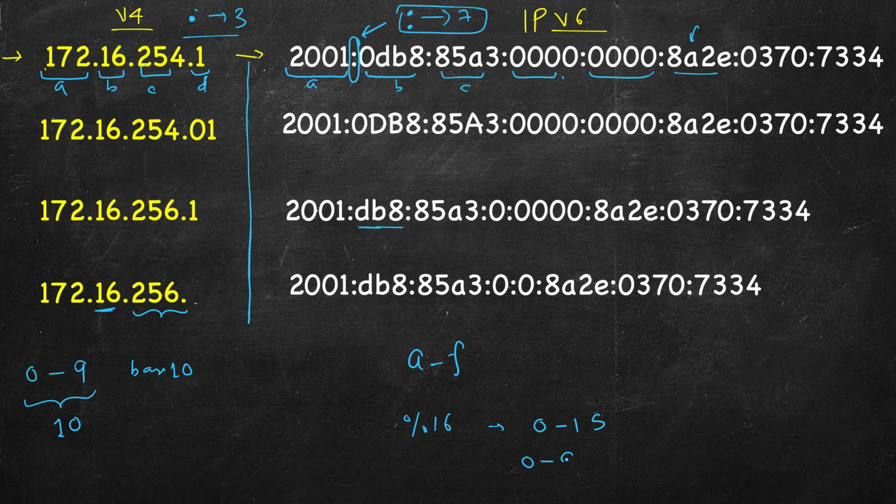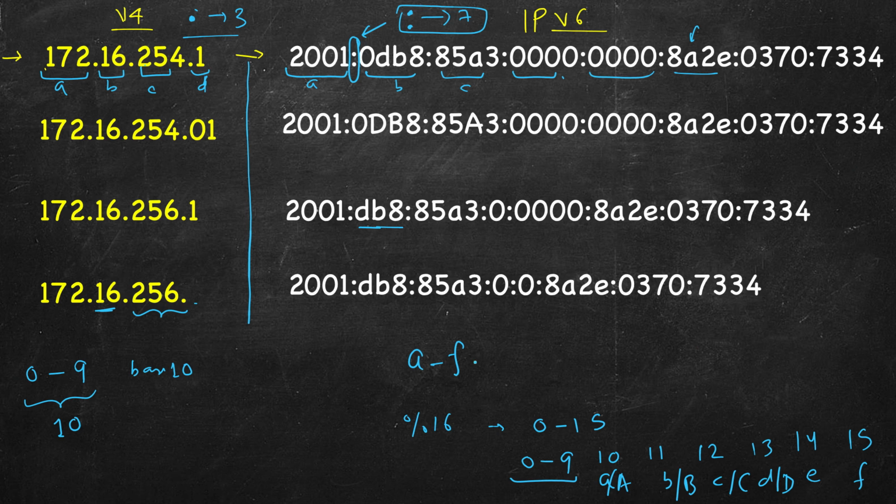So for 0 to 9 we don't do anything, but we don't allow double digits. For 10 we keep A, 11 is B, 12 is C, 13 is D, 14 is E, and 15 is F. We will not have 16. These are the 16 values, and this A can be small a or capital A, similarly B. So these are allowed.